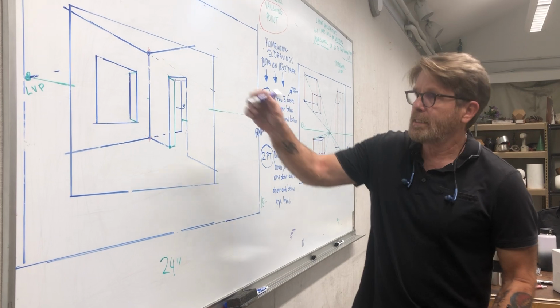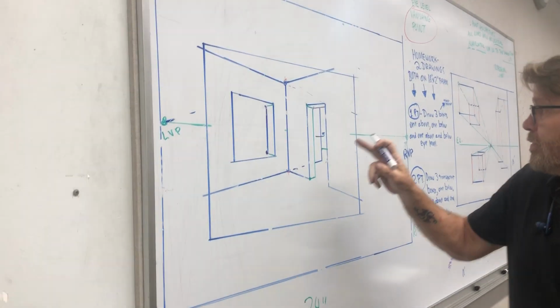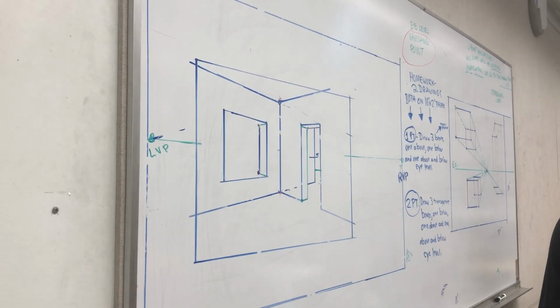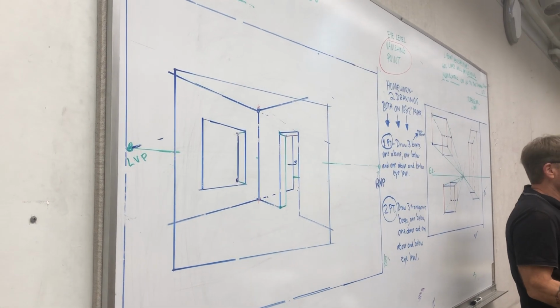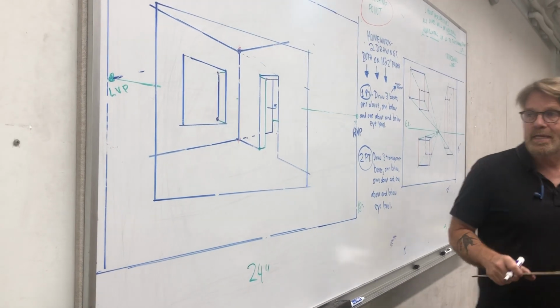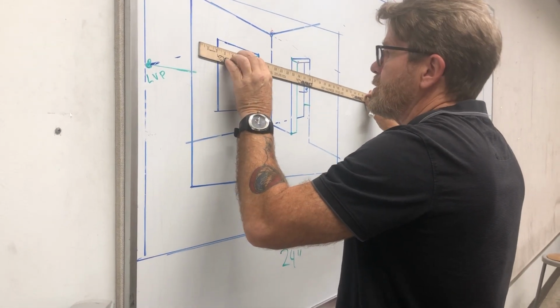Now I'm going to connect these corners with my right vanishing point. It all sounds like an awful lot to do, but if you reduce it to right, left, or vertical, it can save you some problems. So right vanishing point to these corners.